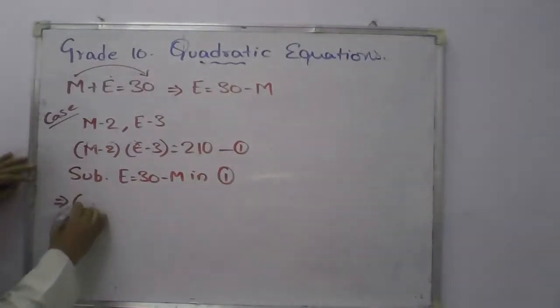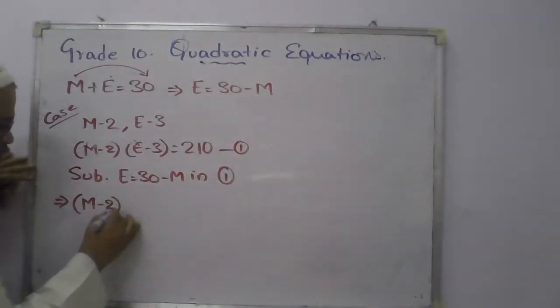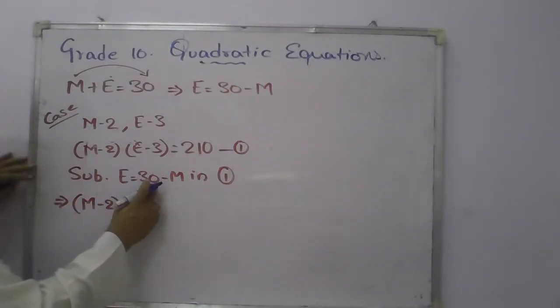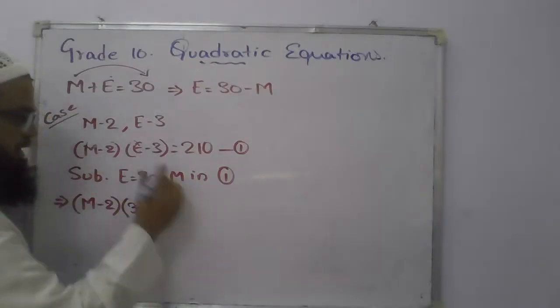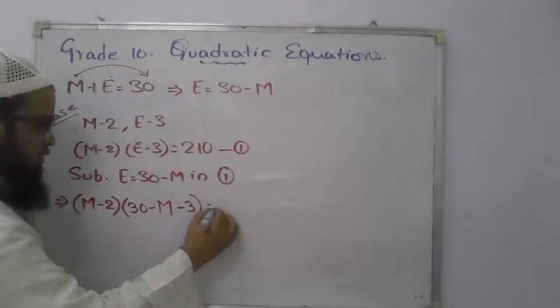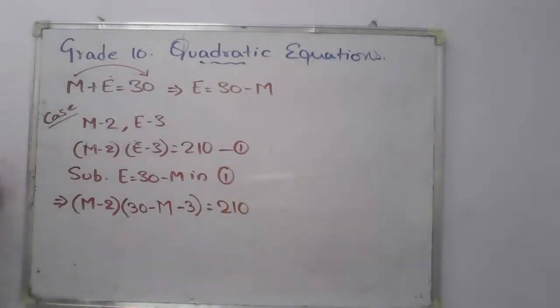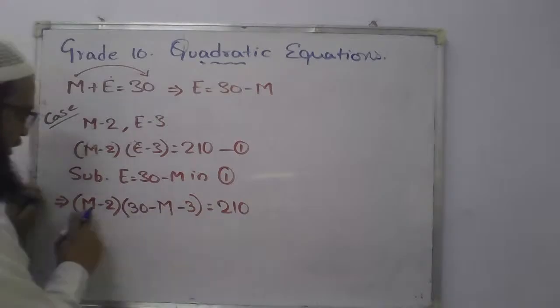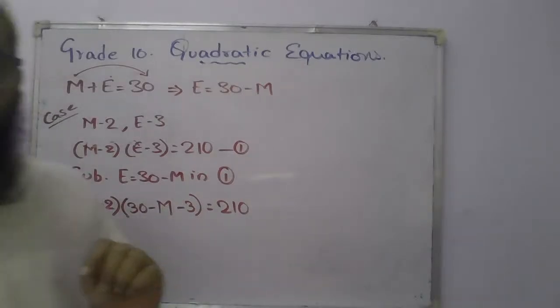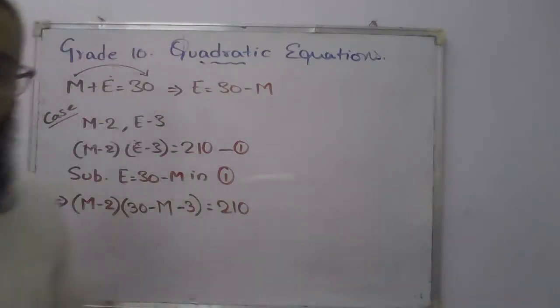That implies (m minus 2) multiplied by (30 minus m minus 3) equals 210. Understood, my dear students? Now check: in the whole equation, you have only one variable. When you have one variable, it is a quadratic equation in one variable.